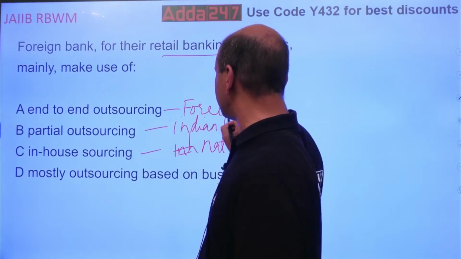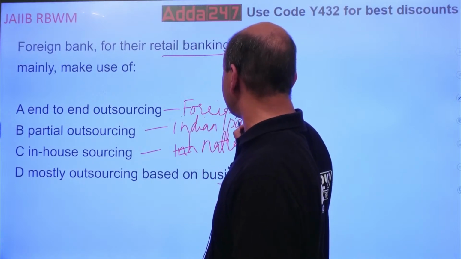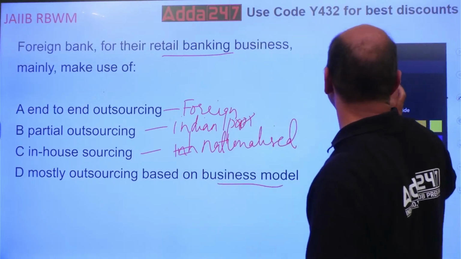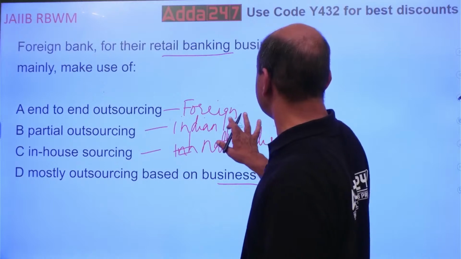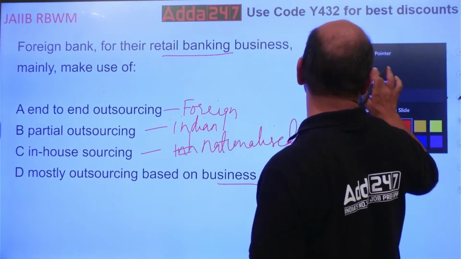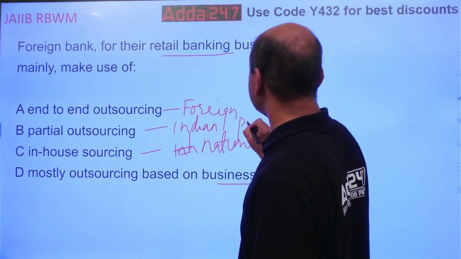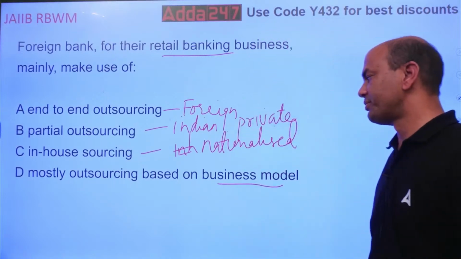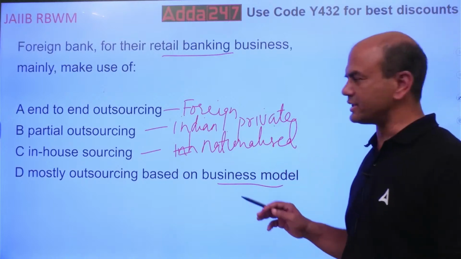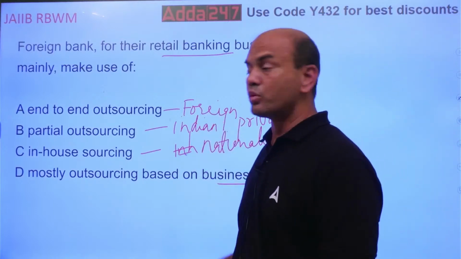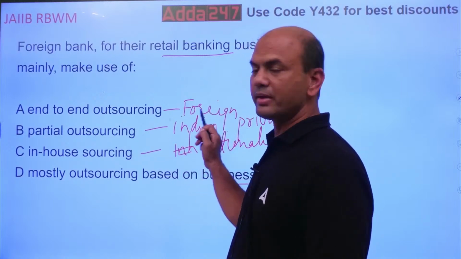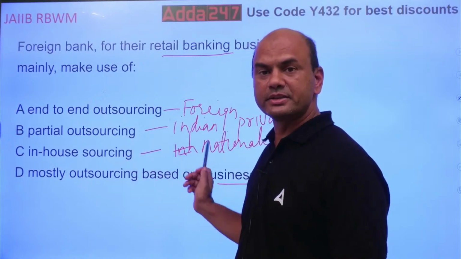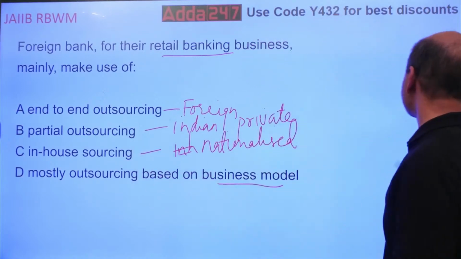Indian private banks do partial outsourcing. Business model, that is different. This is the main answer to this. So who does what? Foreign banks do end-to-end, Indian privates do partial, and nationalized banks do in-house. Okay?